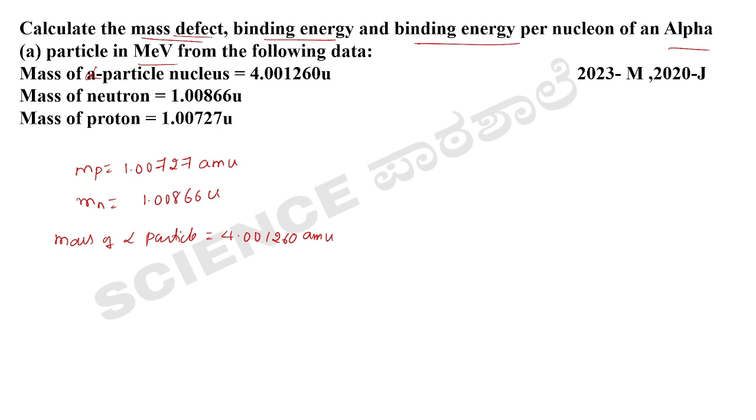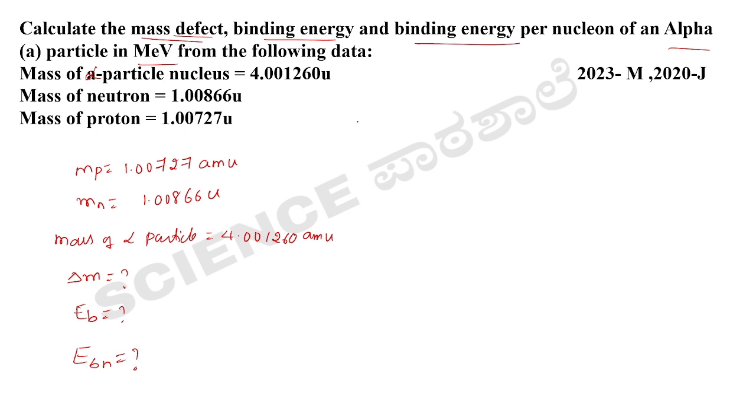We have to calculate delta M, the mass defect, EB, the binding energy, and EBN, the specific binding energy.